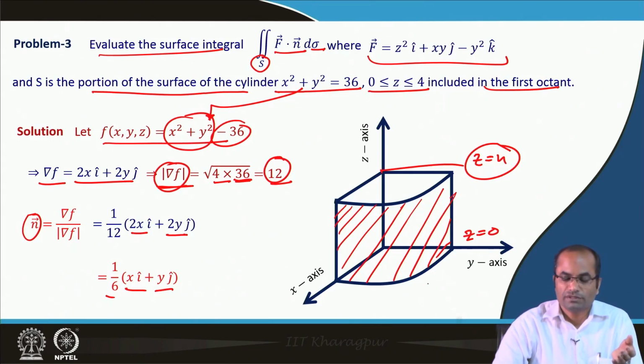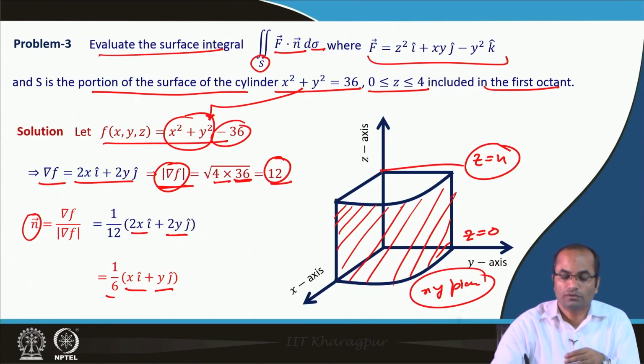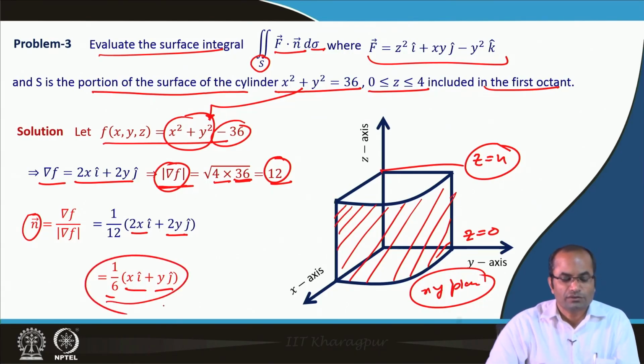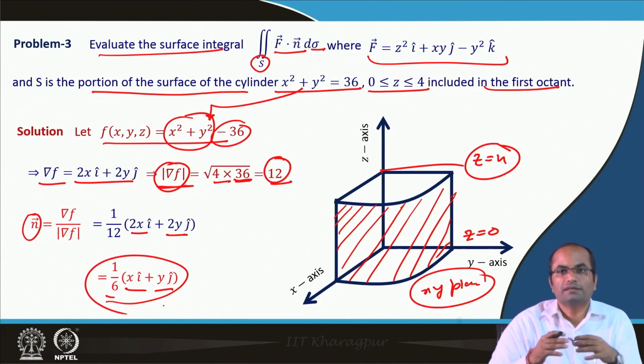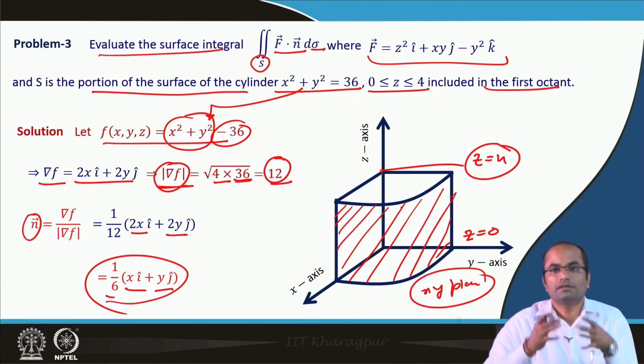If we project, for instance, on the xy plane, the perpendicular to this xy plane is k, and when we take the product of n and k, which is needed there, this will become 0, and that is coming in the denominator in our integral.